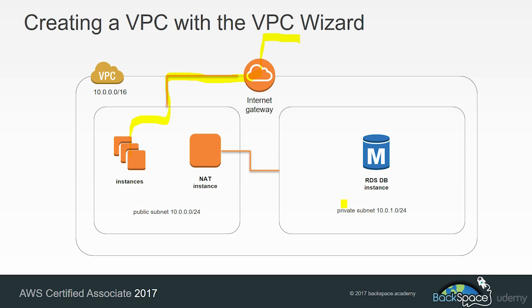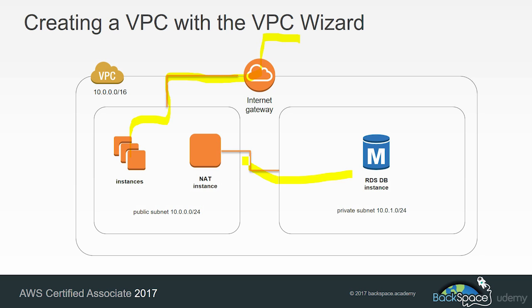Now, our private subnet does not have access through to the internet gateway, because we don't want access to the wider internet through to our database. We want to keep that secure. So what we do is we create a NAT instance, or we can launch a NAT gateway, one of the two, in our public subnet, which will allow traffic to flow from our DB instance through the NAT instance or NAT gateway, whichever we choose, and flow out through to the internet.